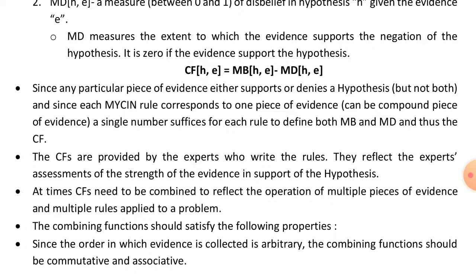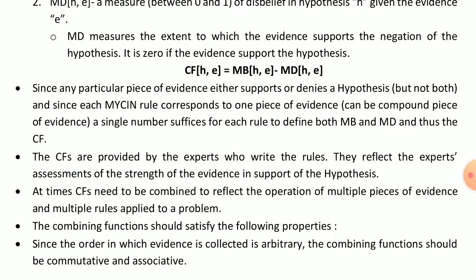The combining functions should satisfy the following properties. Here some properties are given and we can use those properties. First is, since the order in which evidence is collected is arbitrary, the combining functions should be commutative and associative.